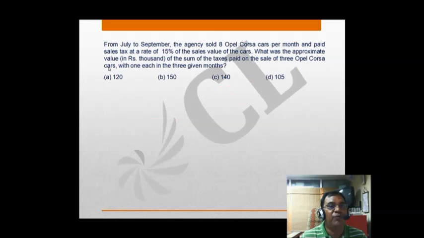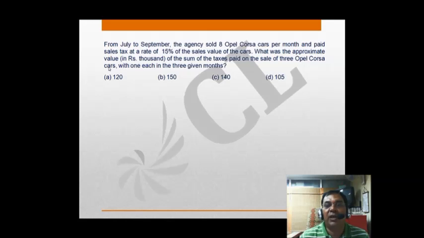Next we move to another question. From July to September, the agency sold 8 Opel cars per month and paid sales tax at the rate of 15% of the sales value of the cars. Find the approximate sum of the taxes paid on the sale of 3 Opel cars, 1 each in the given months.